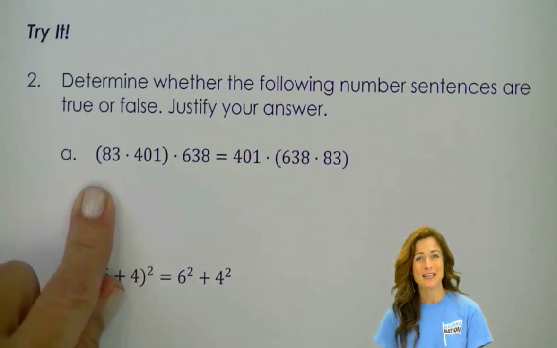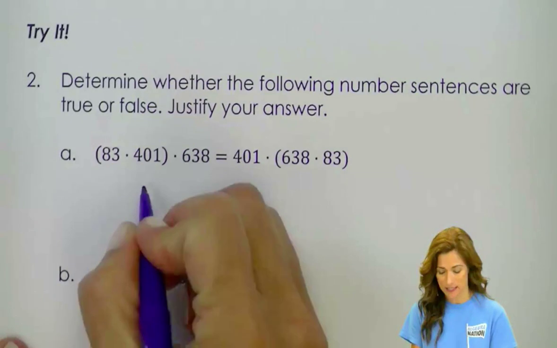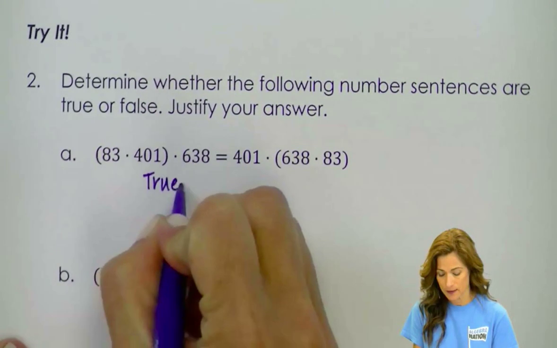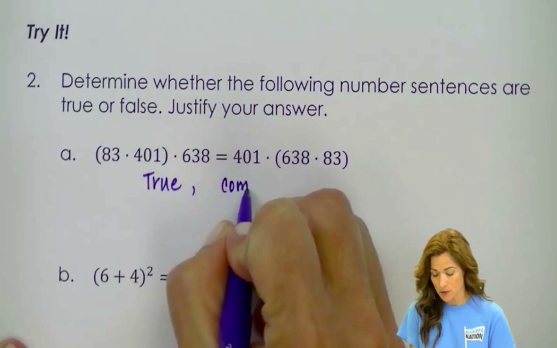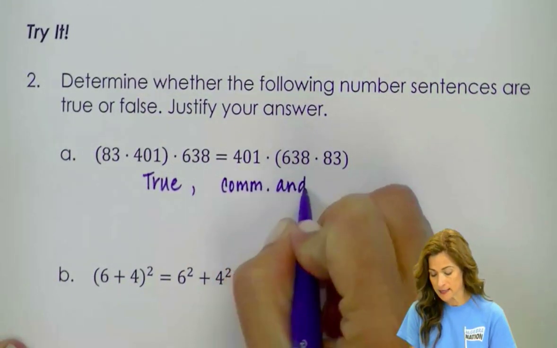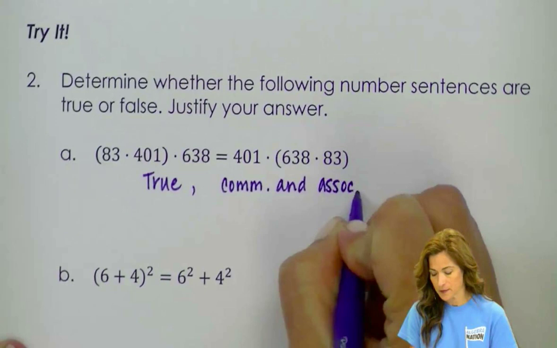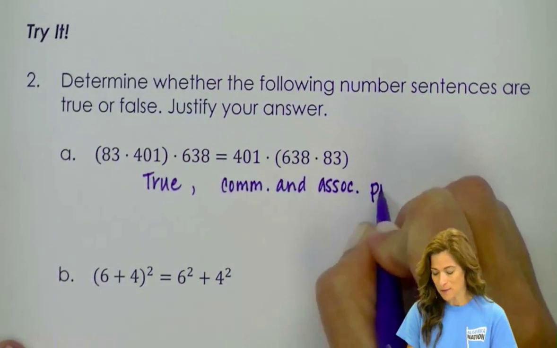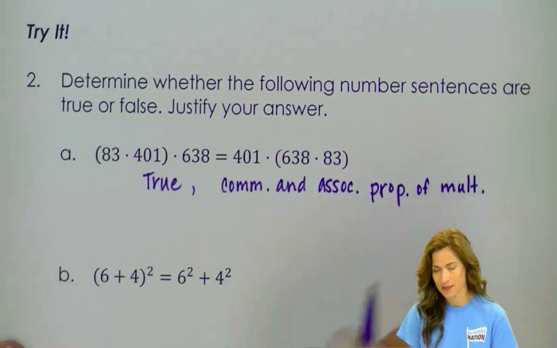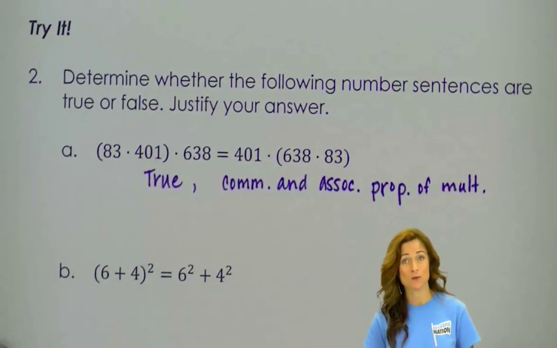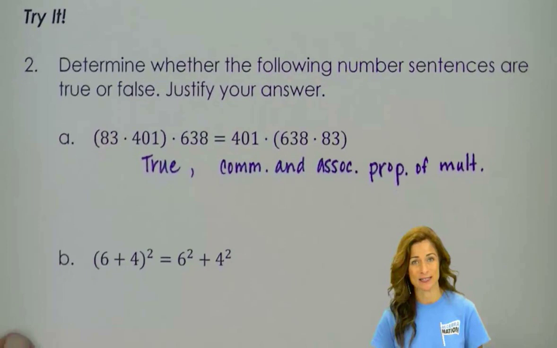So I know that this number sentence is true. Okay, and my justification for that is commutative and associative property of multiplication. Okay, they just moved things around and regrouped, but they're still equivalent.